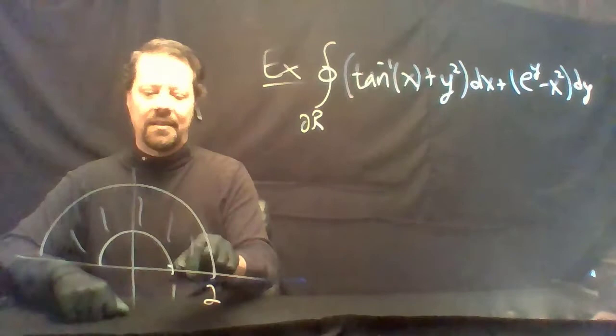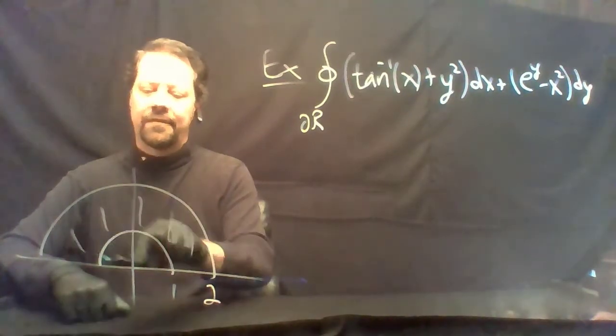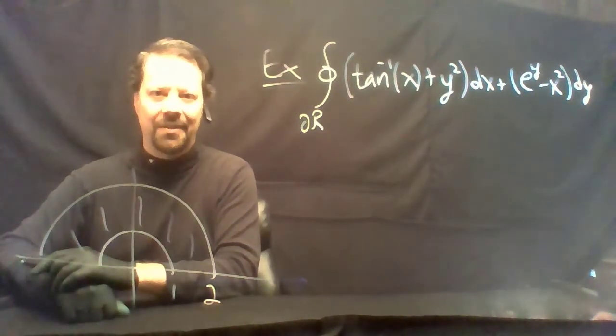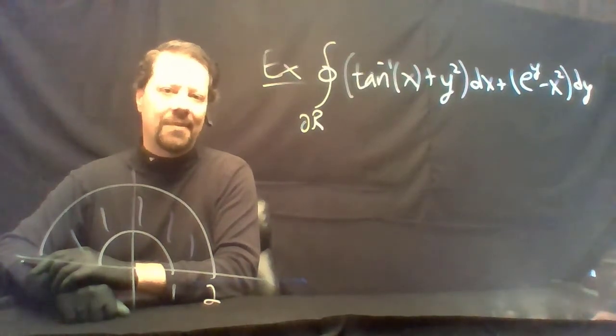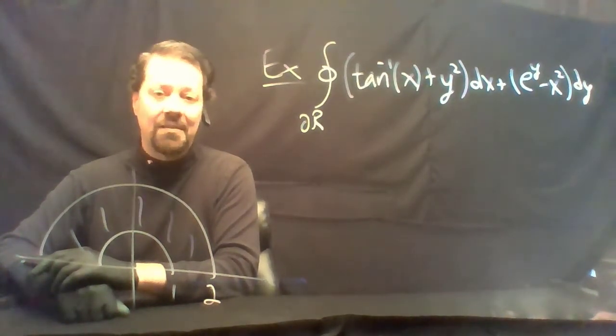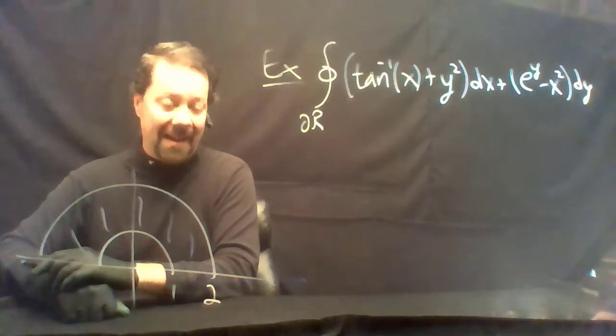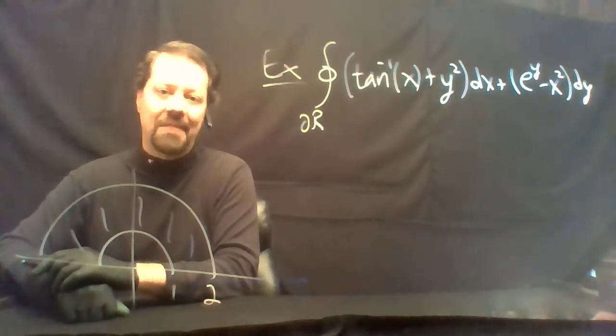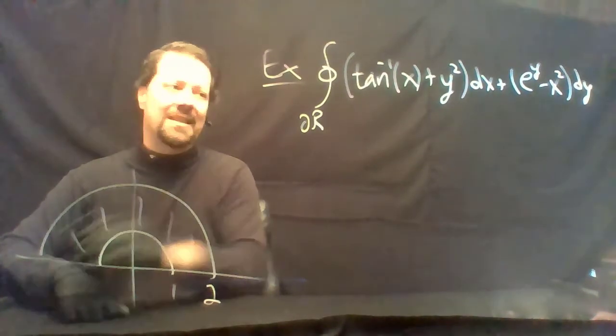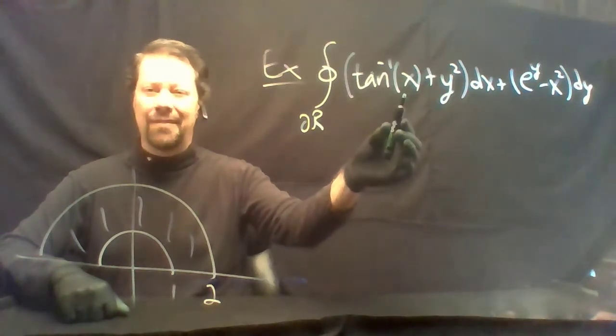We'll have 1, 2, 3, 4 pieces of boundary curve. Rather than parameterizing those 4 pieces, maybe it's better to use an area integral, and we can do that by Green's theorem. Besides, who wants to integrate something involving arctangent?